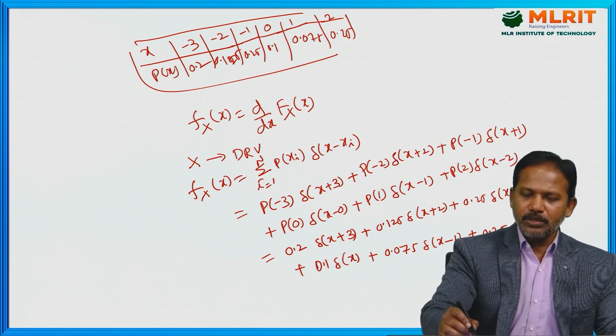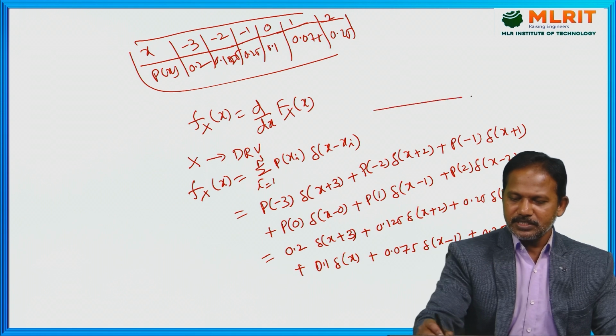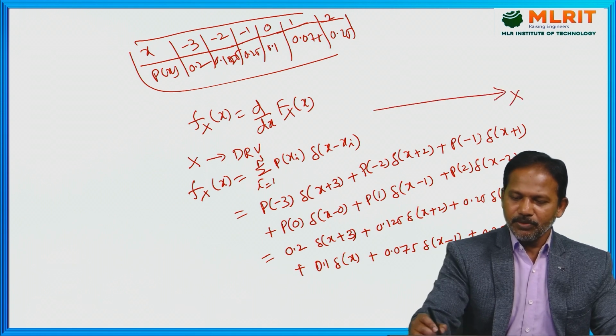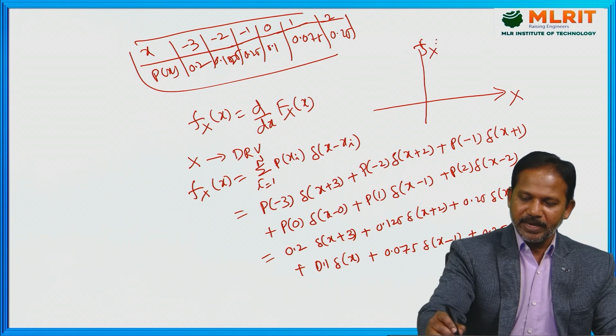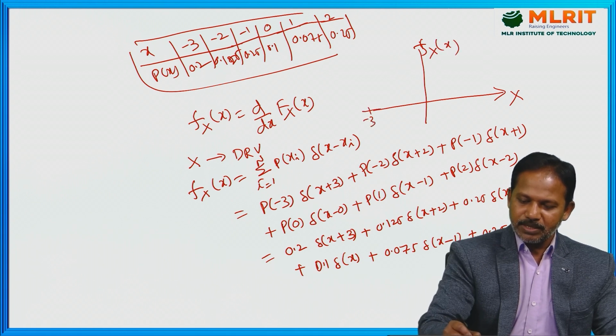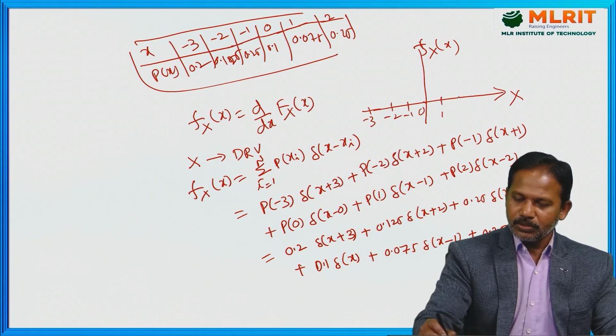I want to draw the graph for this one. This is my random variable, and this is my probability density function magnitude. Here, this is my -3 sample, -2, -1, 0, 1, 2, like that.